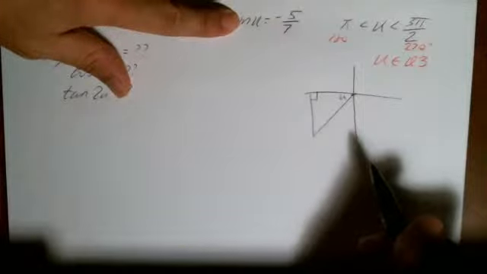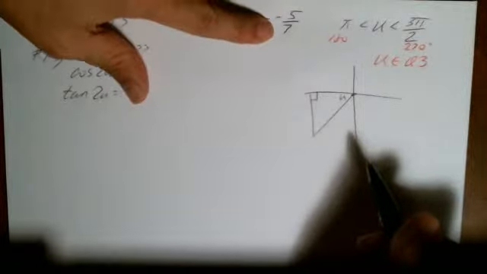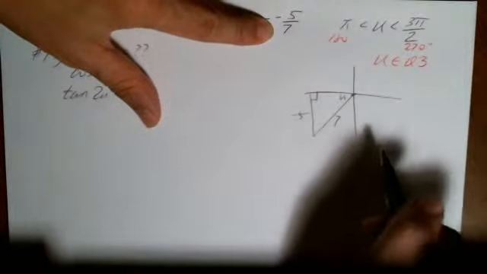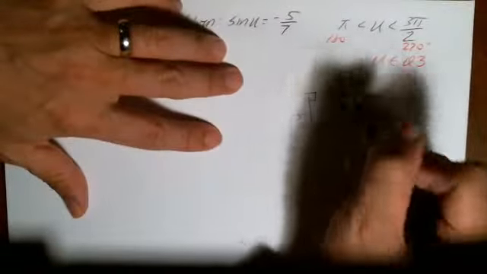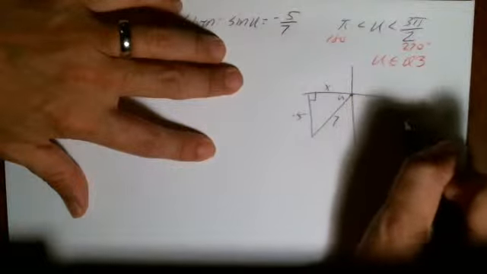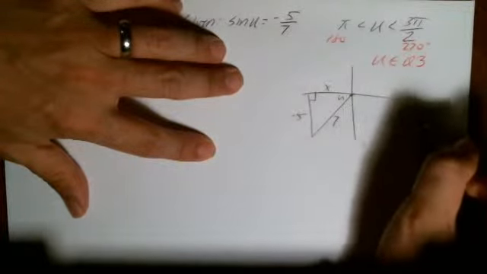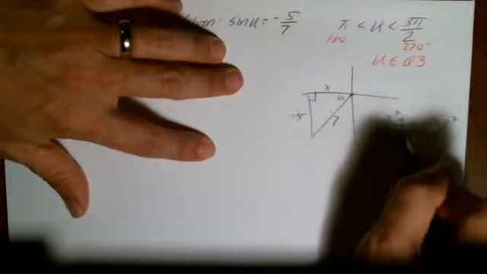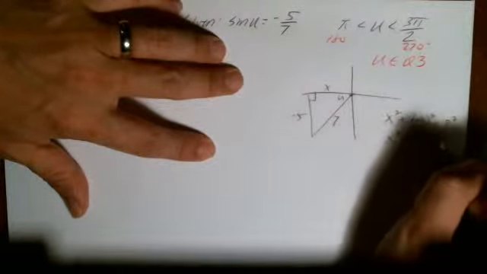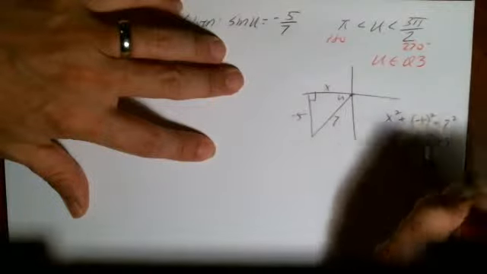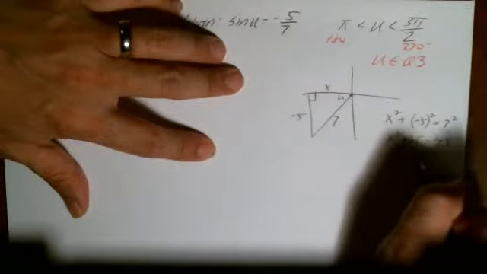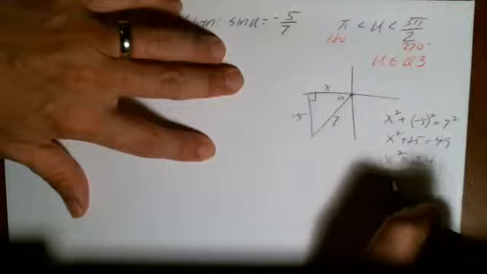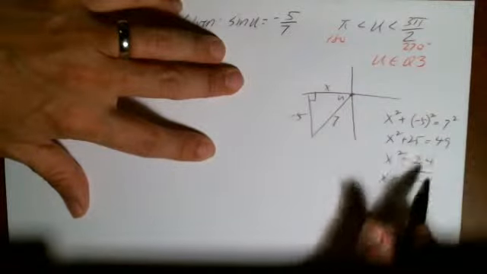Since sine is opposite over hypotenuse, -5 and 7, you have to use the Pythagorean theorem. Let's call this x right there. x squared plus -5 squared is equal to 7 squared. x squared plus 25 is equal to 49. x squared is equal to 24. x equals the square root of 24.